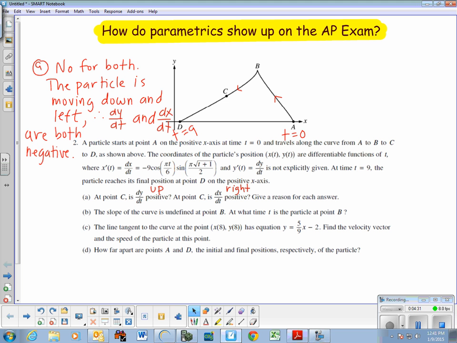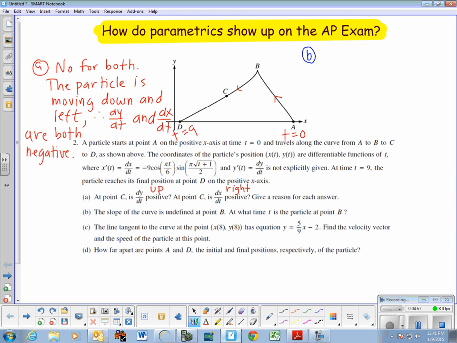Part B. The slope of the curve is undefined at point B. You see that sharp point at B. At what time t is the particle at point B? Excellent question. When does that sharp point happen? So the Calc 1 knowledge here is that sharp points happen when the derivative is undefined. All right?